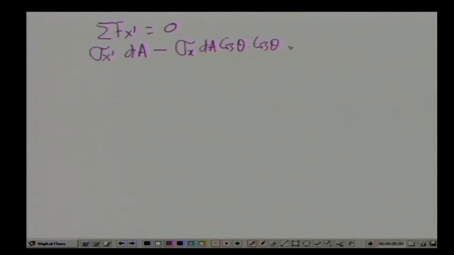Sigma y, which is acting in the opposite direction of sigma x dash, gives negative sigma y dA sin theta as the force, multiplied by the component which is sin theta.